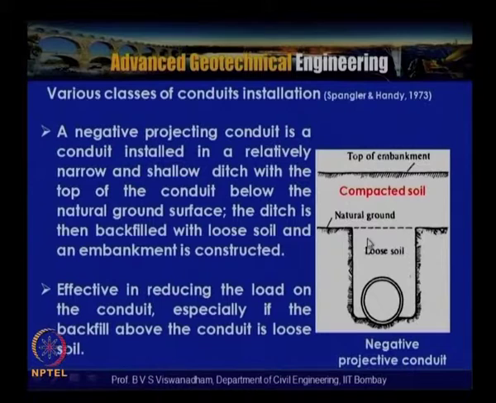This is basically effective in reducing the load on the conduit, especially if the backfill above the conduit is loose soil.